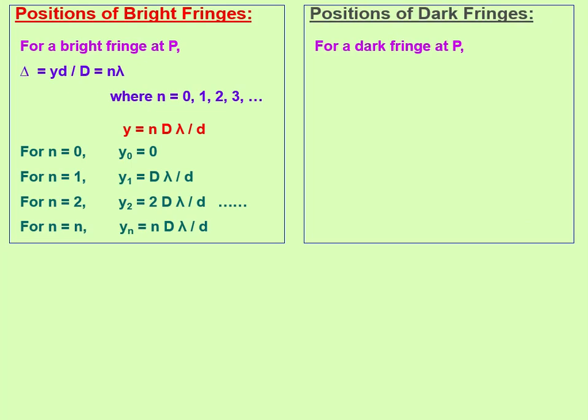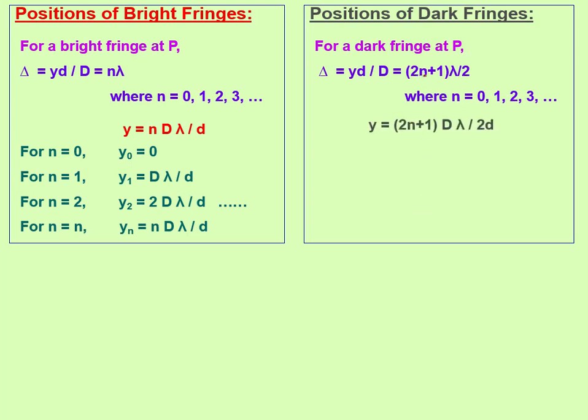Similarly, if we consider dark fringes, for dark fringes the path difference is (2n plus 1) lambda by 2, where n can be 0, 1, 2, 3, and so on. Now, if you simply substitute or compare and make y the subject, you get (2n plus 1) lambda by 2 times capital D upon small d. Okay, so this is the condition or the distance at which we get minimas.